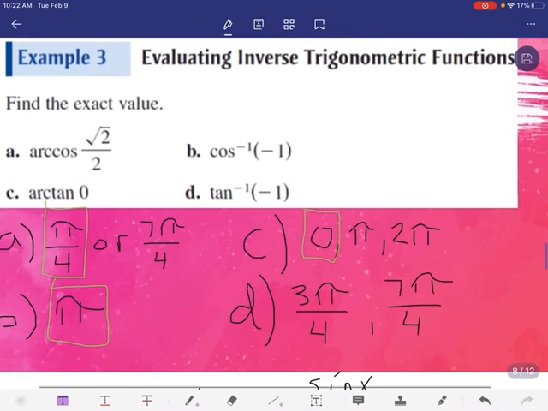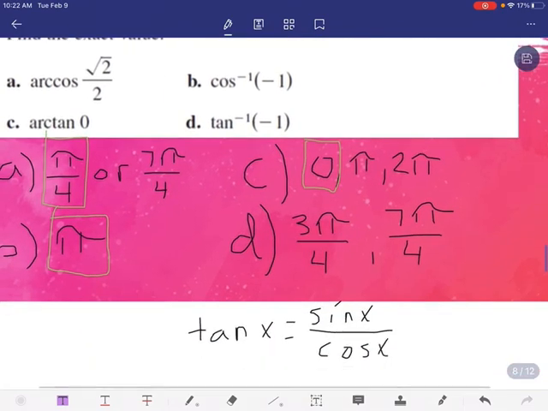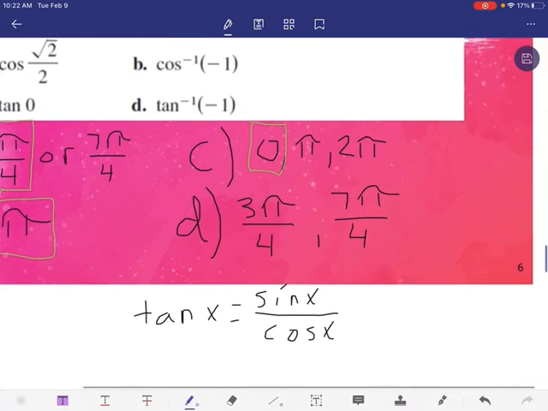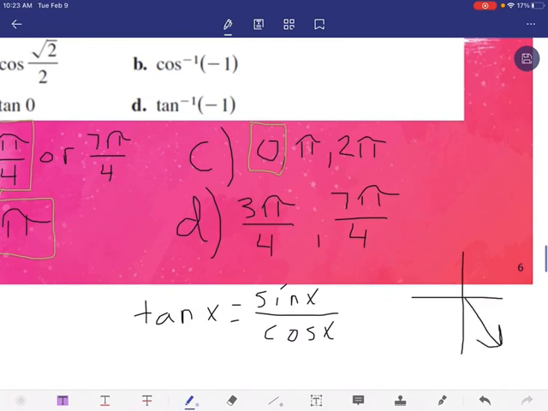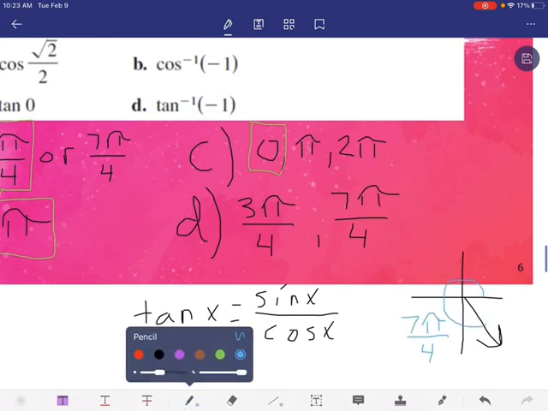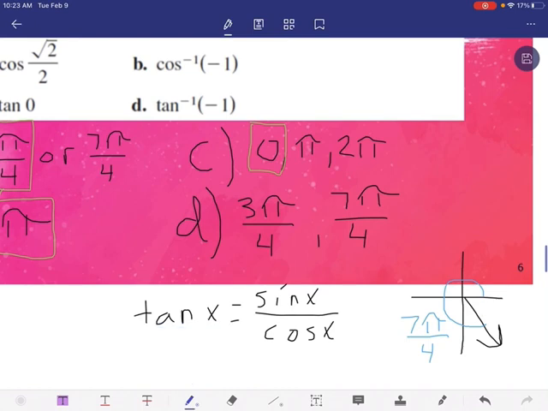It's just not written in the correct form, because we know that if I have an angle in my fourth quadrant, to go counterclockwise would give me the positive angle. So that would be the 7 pi over 4. The coterminal angle, which is what's going to be left over, would be this piece right here. Well, I know that all the way around is 2 pi.